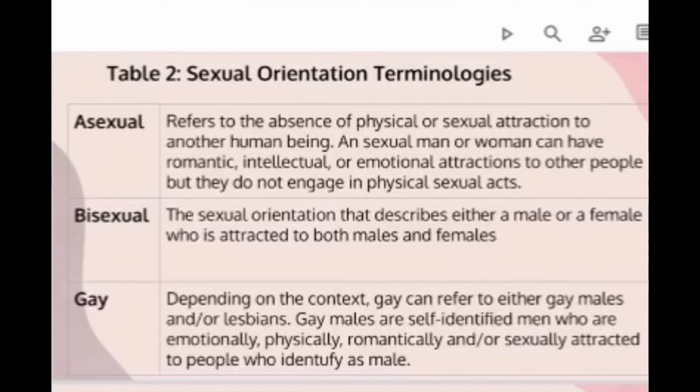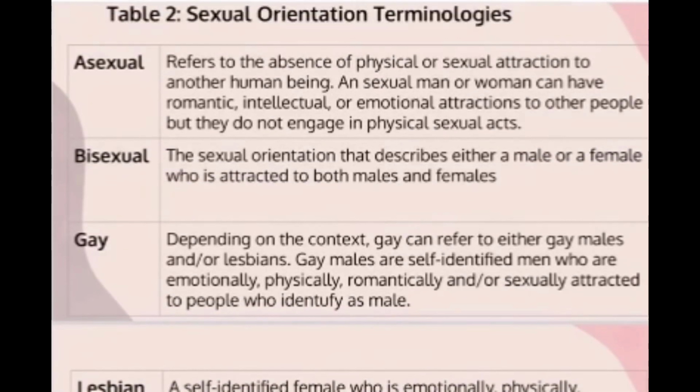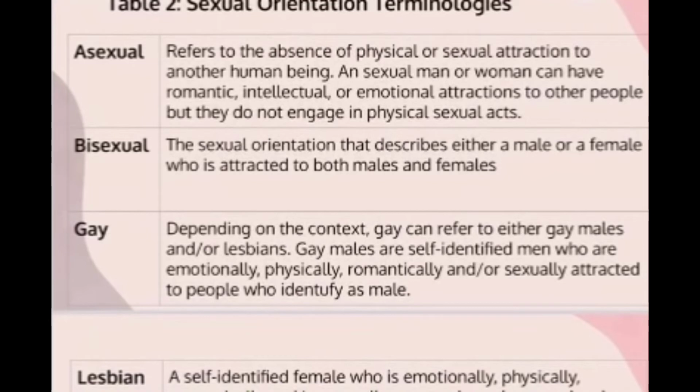And now bisexual. Bisexual is a sexual orientation that describes either a male or a female who is attracted to both males and females. Practically, bisexuals can have feelings, either romantic or sexual, for both genders. Gay, depending on the context, can refer to either gay males or lesbians. Gay males are self-identified men who are emotionally, physically, romantically, and or sexually attracted to people who identify as male.